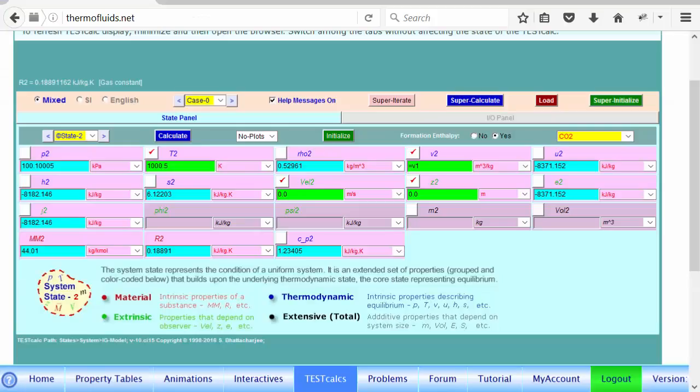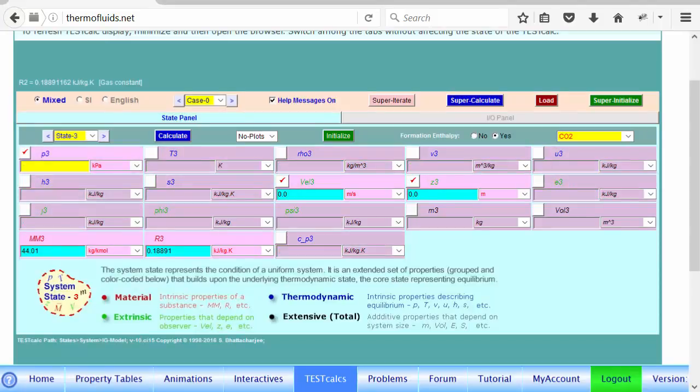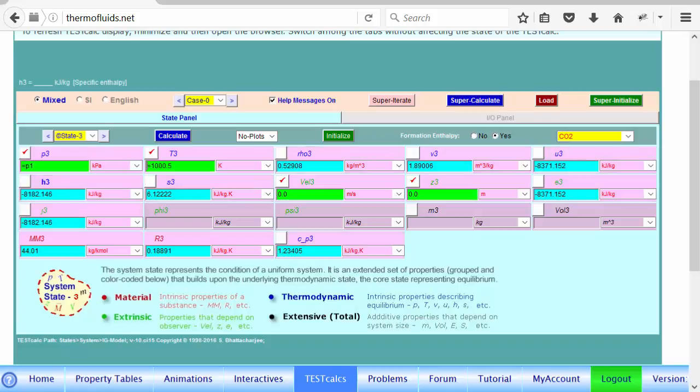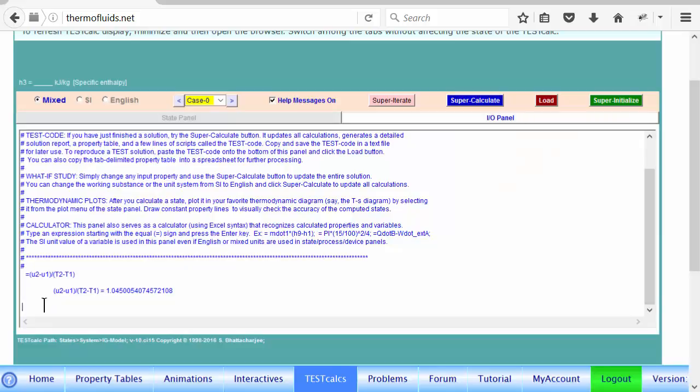So let's go back to TEST calc, and this time we'll evaluate a state where we'll hold pressure 3 constant, equal to P1, and the temperature equals 1000.5.